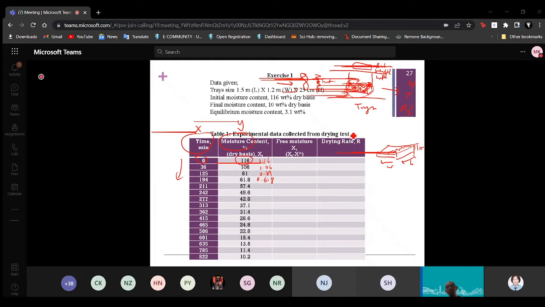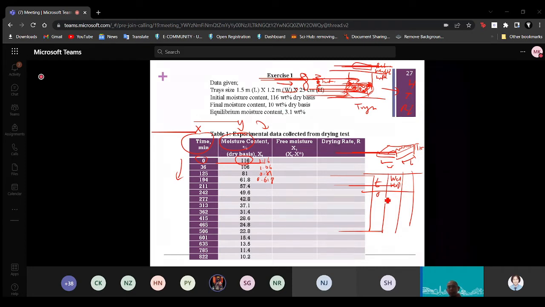Normally it's not the moisture content, because this one we already skipped. Actually the data starts from time, and then you have the wet weight that you measure from the experiment. So at time 0 there is a certain mass. This one they didn't give, they skipped. This one has gone to another level, the moisture content. They plotted another one because they already calculated.